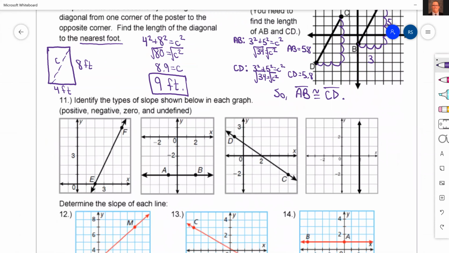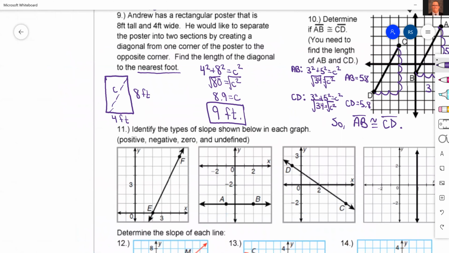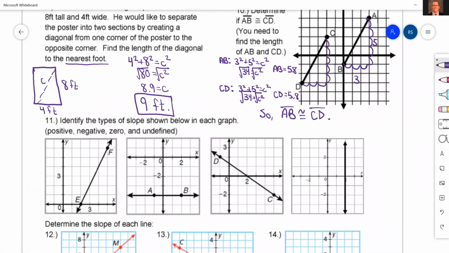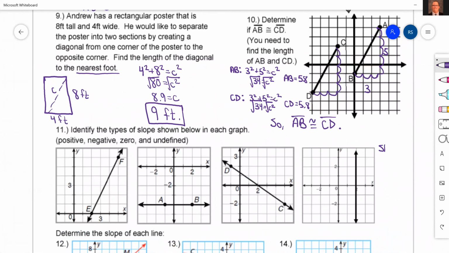Okay, on this next one, number 11, we have to determine what type of slope the graph shows. We don't have to find the slope, just what type of slope it has. And to do that, just remember slope man. Y'all did this in your notes in Algebra 1.